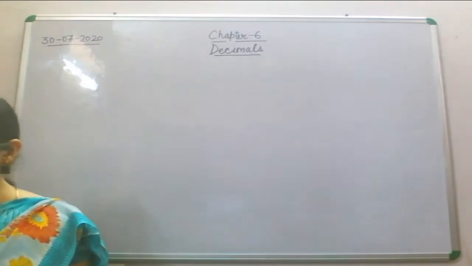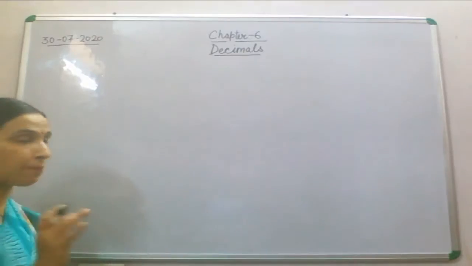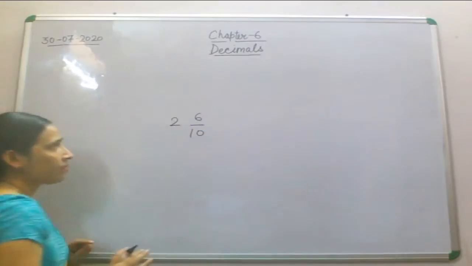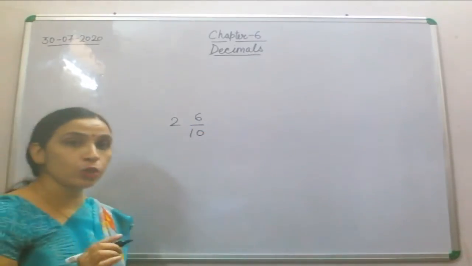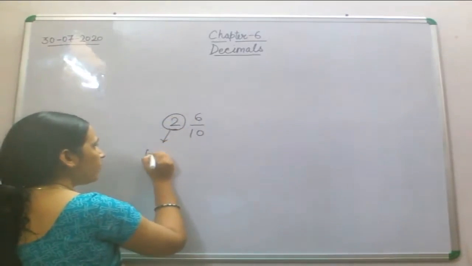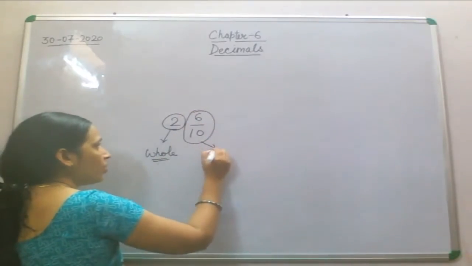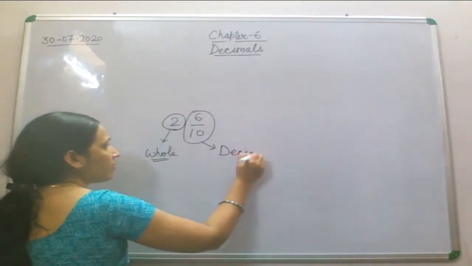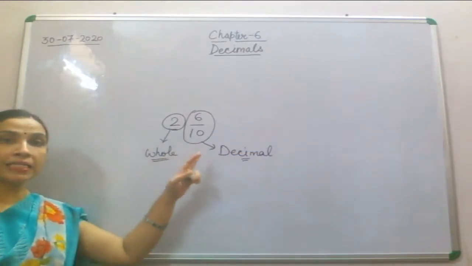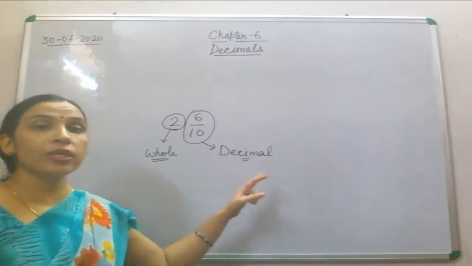Now if you have been given 2 6/10, I generally take this example. 2 6/10: 2 is the whole part, and 6/10 is your decimal part.